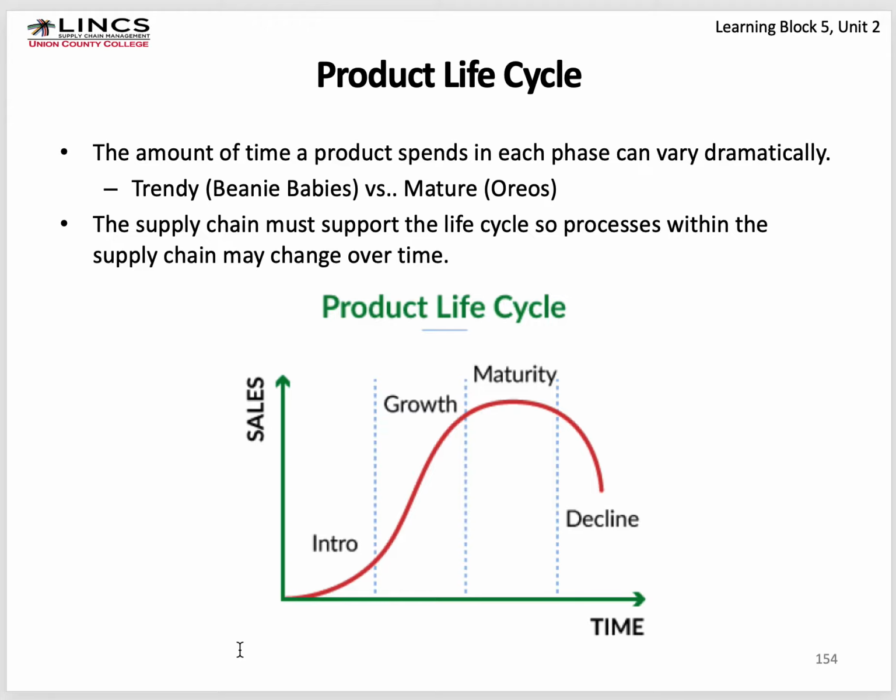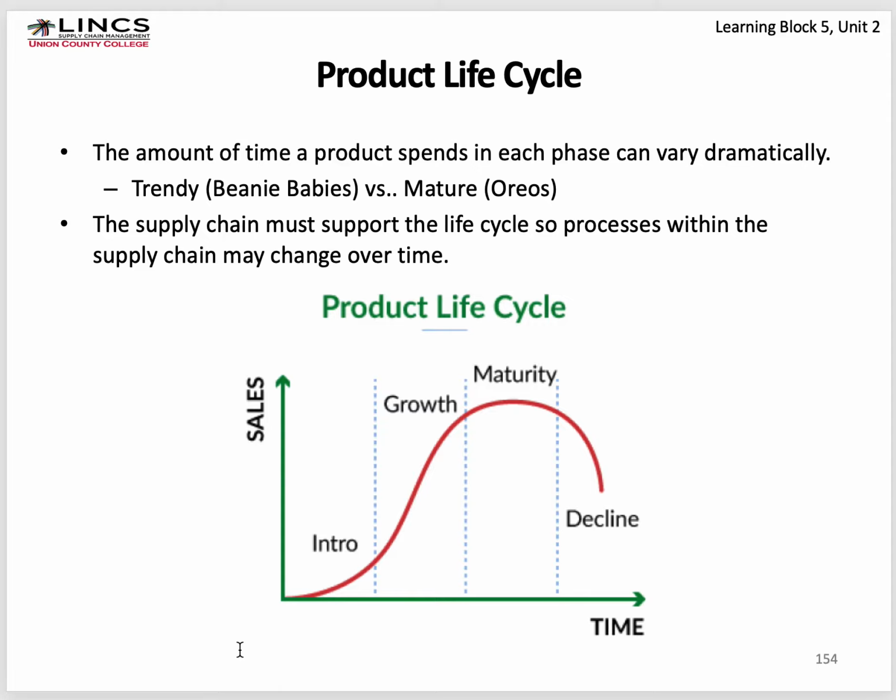They were on the shelves and flying off the shelves so fast. But it was only for about a year. And they matured. I mean, you could still buy them, but not in the volumes that they were when it was really popular. Something like Oreos has been around for a long time, and we're in a very, very long mature process there.